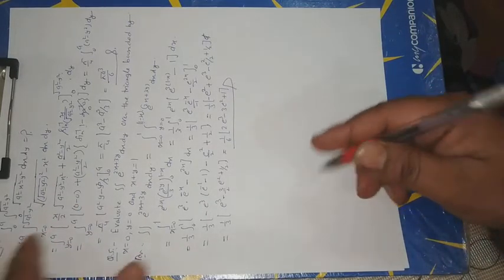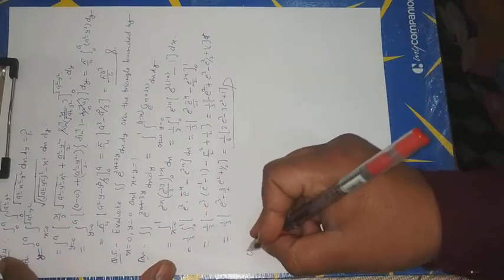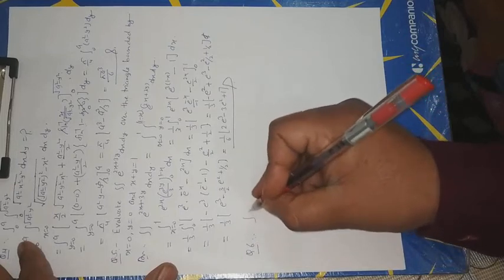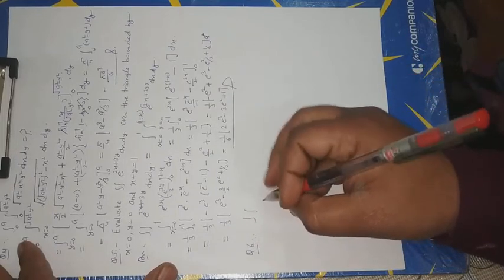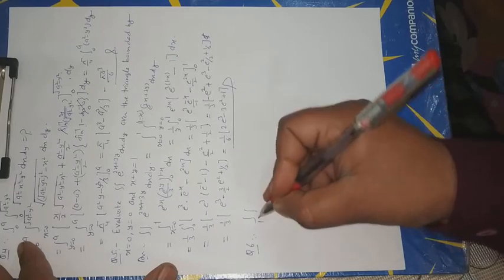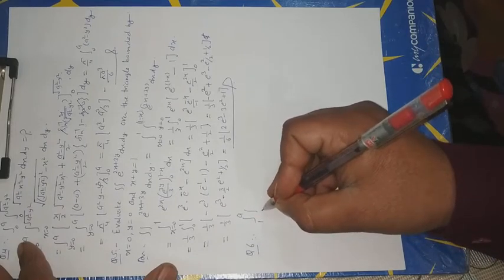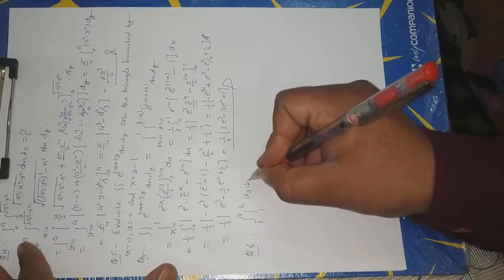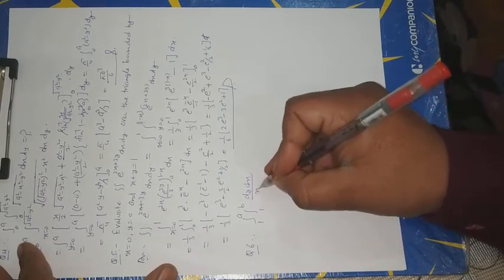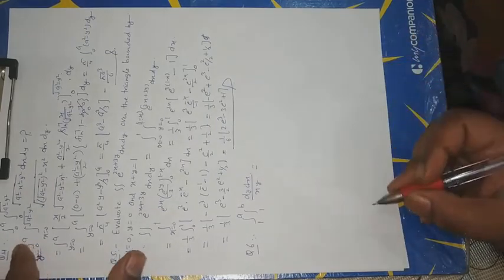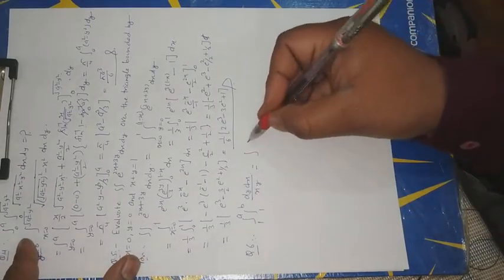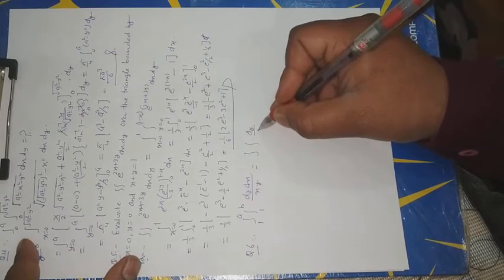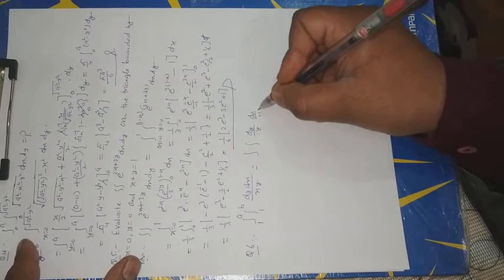Now next, question number 6. Double integration, the limit of the first integration 1 to a, the limit of the second integration 1 to b, dy dx upon xy. Then we can write dy upon y dx upon x.